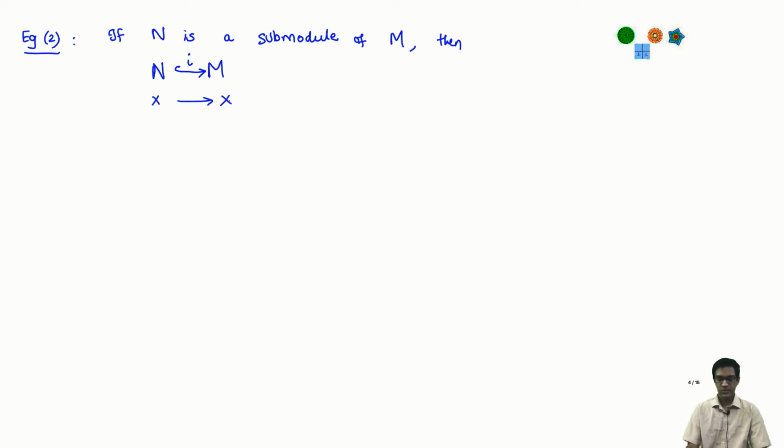N is after all a subset of M, so any element of N is necessarily an element of M as well. So the inclusion map is obviously a homomorphism. In fact, it's trivially a homomorphism, because x plus y of course goes to x plus y, rx goes to rx, so the properties are obvious.